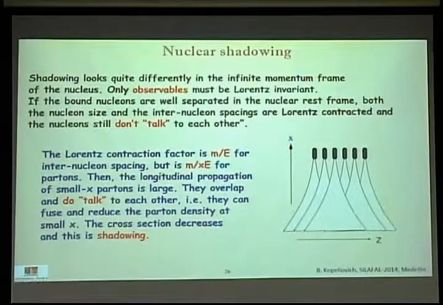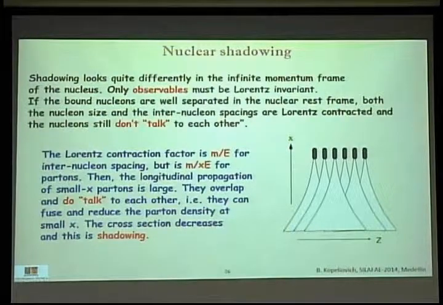And let me start with a simplified model of the nucleus. We assume that in the rest frame there is no overlap between nucleon bubbles and internucleon separation. It's just to simplify the whole picture of coherence.